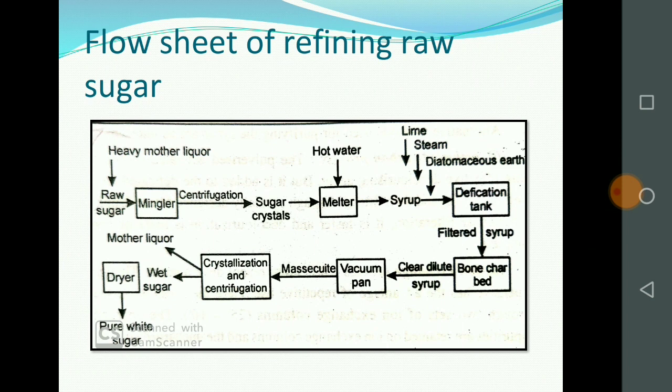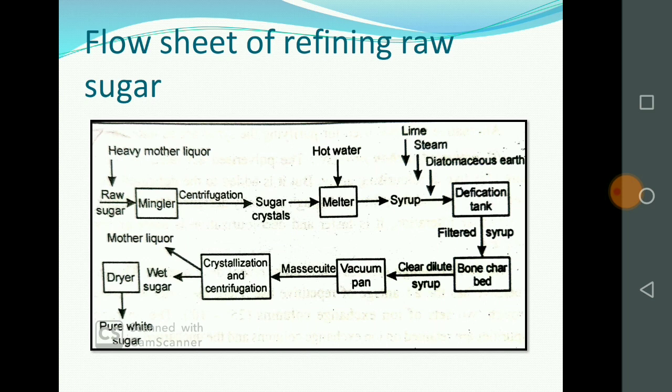It is washed and dumped in the wet sugar container. The mother liquor left after sucrose crystallization is used for refining a fresh batch of raw sugar, that is, in the affination process.